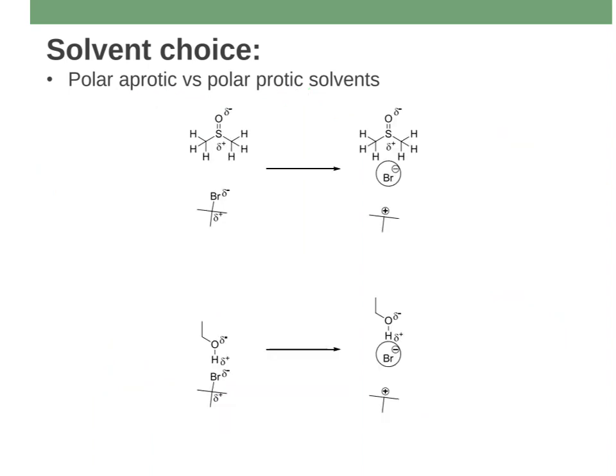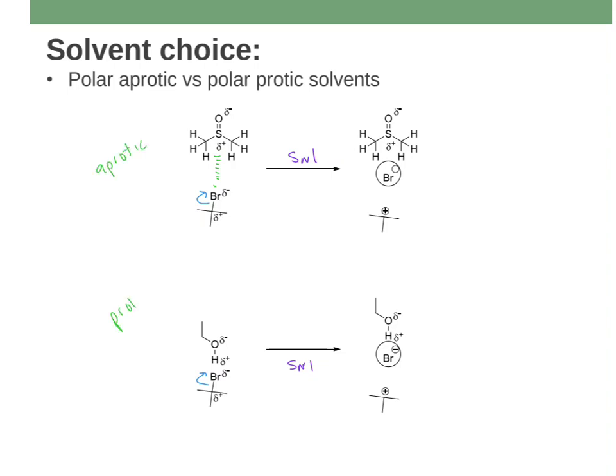Now, here I have the first step of an SN1 reaction. The leaving group just leaves. I'm just talking about the leaving group just leaving here. In both of these, they're just SN1s. But all I want to point out, it's kind of the same idea. If you have an aprotic solvent, like DMSO, this was aprotic again, versus protic.